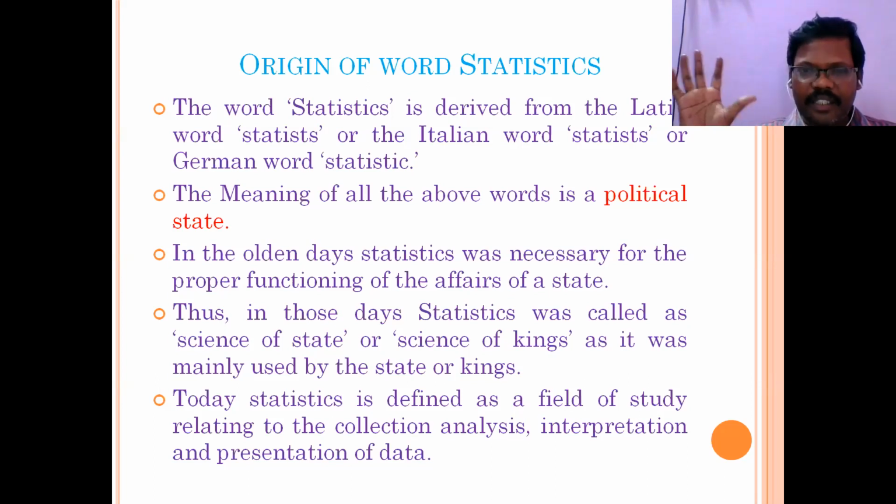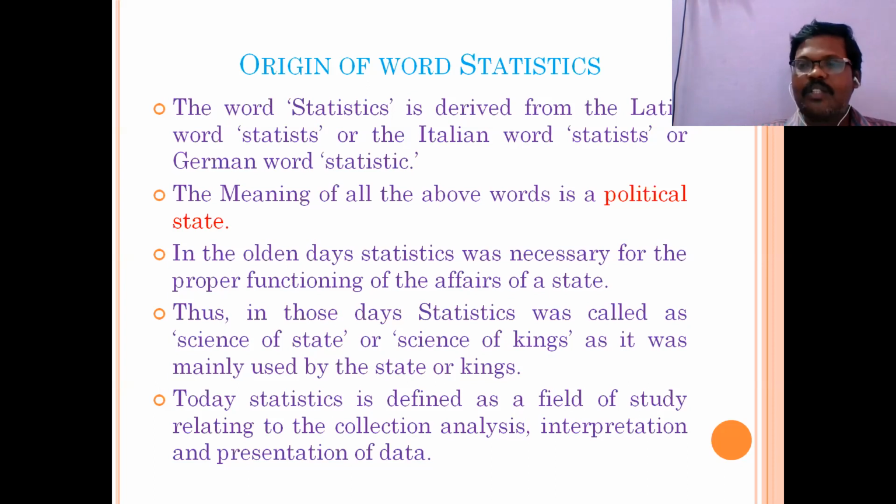In this way, whatever data was mobilized by the government from various people was known as statistics. Like that the word became very prominent. For state affairs it was very important. Thus in those days statistics was called the science of state or science of kings.